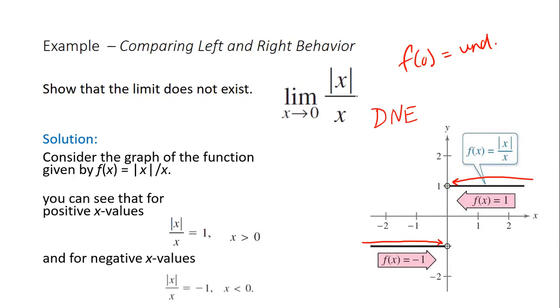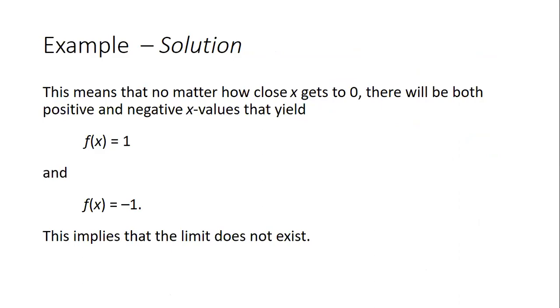Unlike when we had our hole, where at least both were heading towards the hole. This time, yes, we have 2 holes, but neither one is approached from both sides. That's why it's D, N, E. So just clarifying: the limit from the right of f of x equals 1, and from the left equals -1. This implies that the limit does not exist, because there are 2 different values at 0.